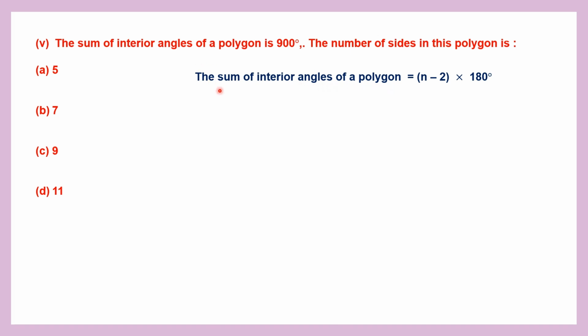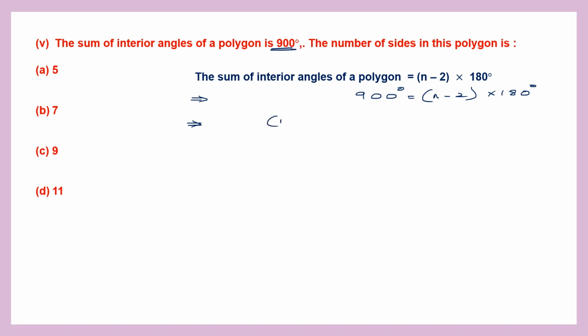Now in this question, this part is already given to us. We are asked to find n. So here let's do that. The sum is already given to us, and that is 900 degrees. We have to find the value of n. (n minus 2) into 180 degrees. Now I'm going to interchange the sides of the equation just to make it easier for us.